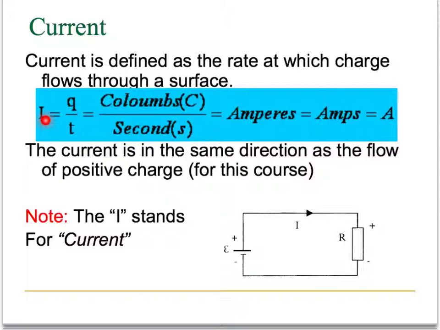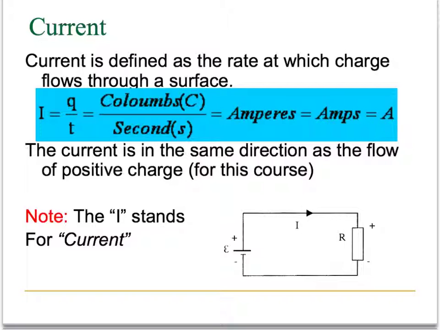I refers to the current, Q refers to the charge, we know that. The unit is coulombs or C, and t refers to elapsed time, which is in seconds. So coulombs per second is also known as amperes, or simply amps, or simply A.